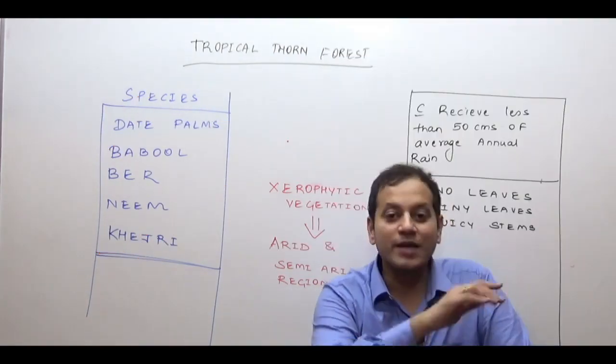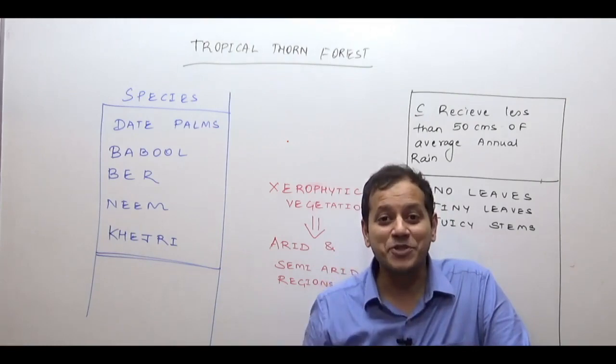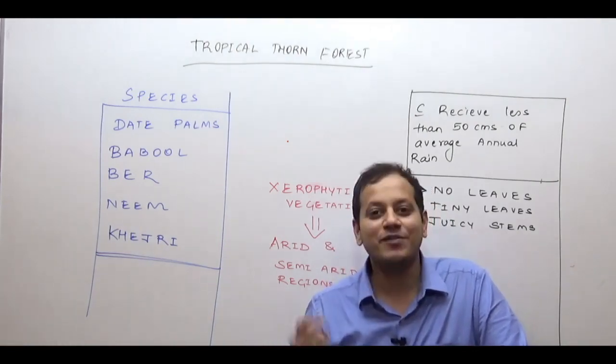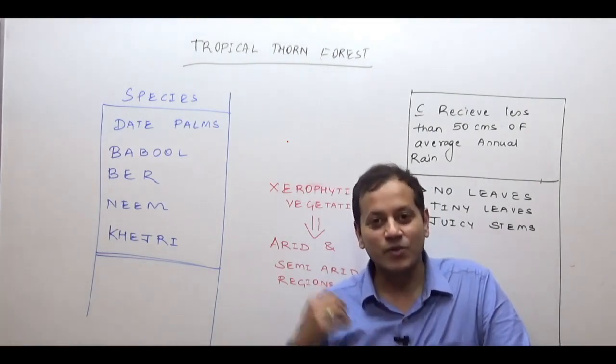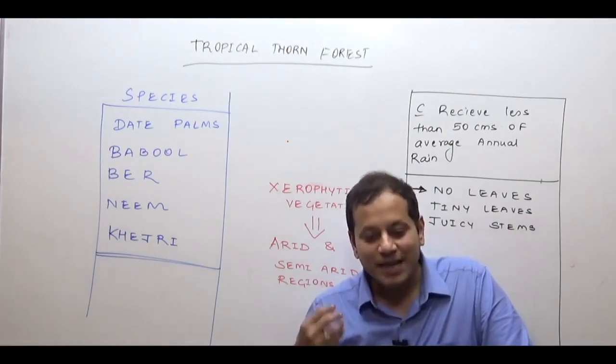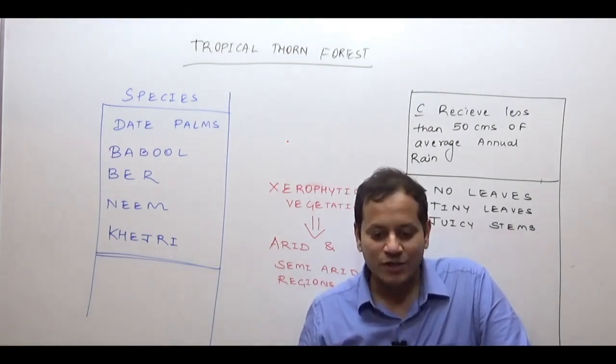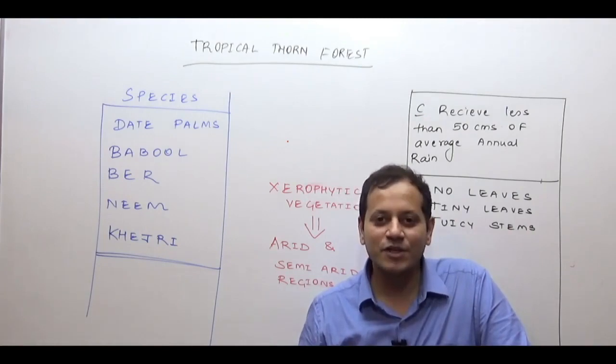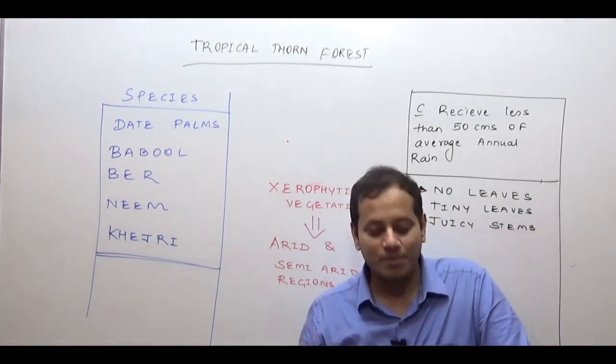So the date species will be in the state of Rajasthan, that is in the semi-arid and arid regions. So the forest of Punjab, Haryana, Rajasthan, some drier parts of Gujarat, drier parts of Madhya Pradesh is the tropical thorn forest.